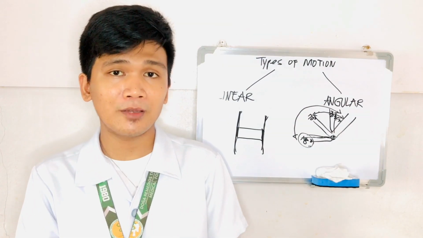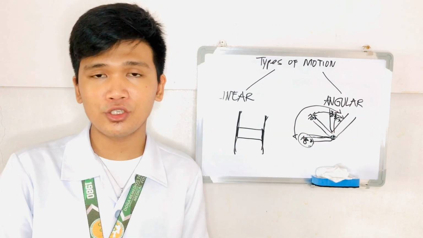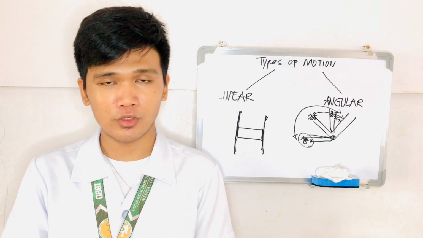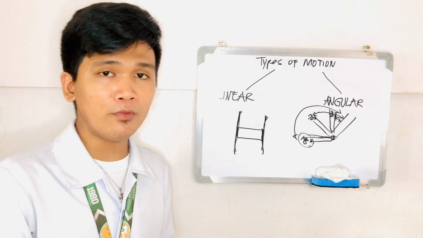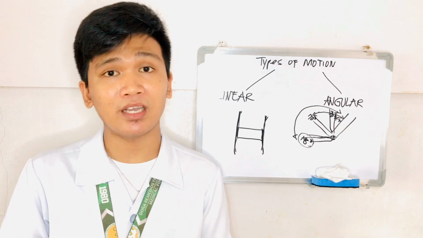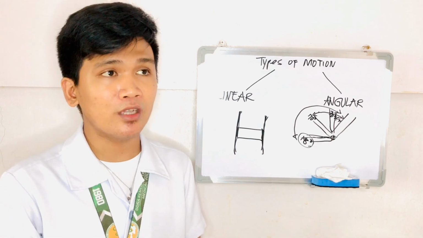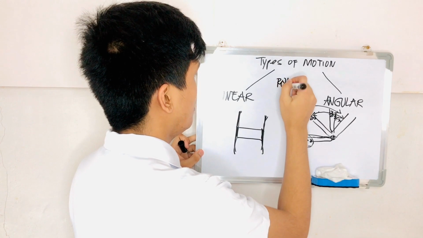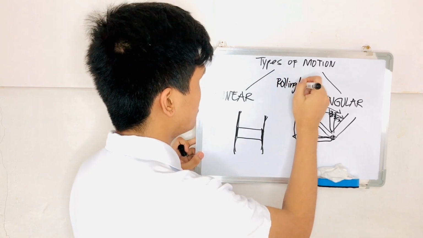Now, let's talk about the basic arthrokinematic joint motions, or also known as joint play or accessory motions. So, every time na i-move natin ang ating bony part, or bony partners, or bony segments, nagkakaroon ng joint play. So, meron tayong rolling or rocking.